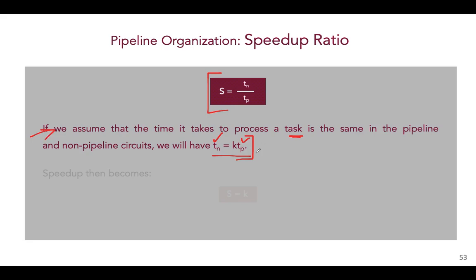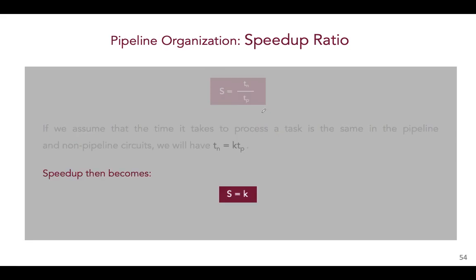Now if we substitute this in this formula, what do we get? S is equal to k. The speedup ratio is simply the number of segments in a pipeline, and this result is very important. The implication of this result, that speedup is the same as the number of segments in a pipeline, is an important result.